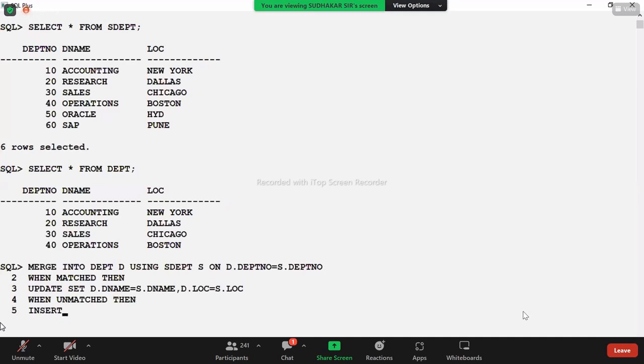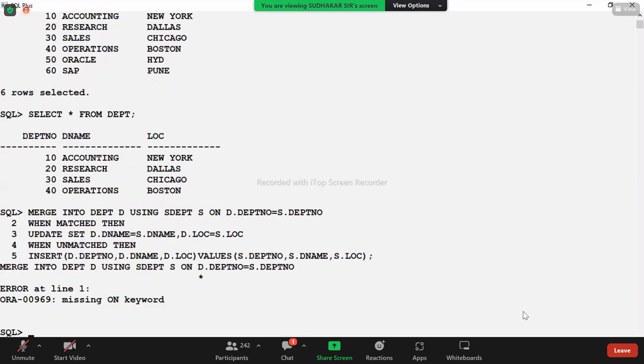Insert into where? Destination. So D dot DPT number, D dot D name, D dot LOC. Values are taken from where? Source. S dot DPT number, S dot D name, and what next? S dot LOC. Is it clear?